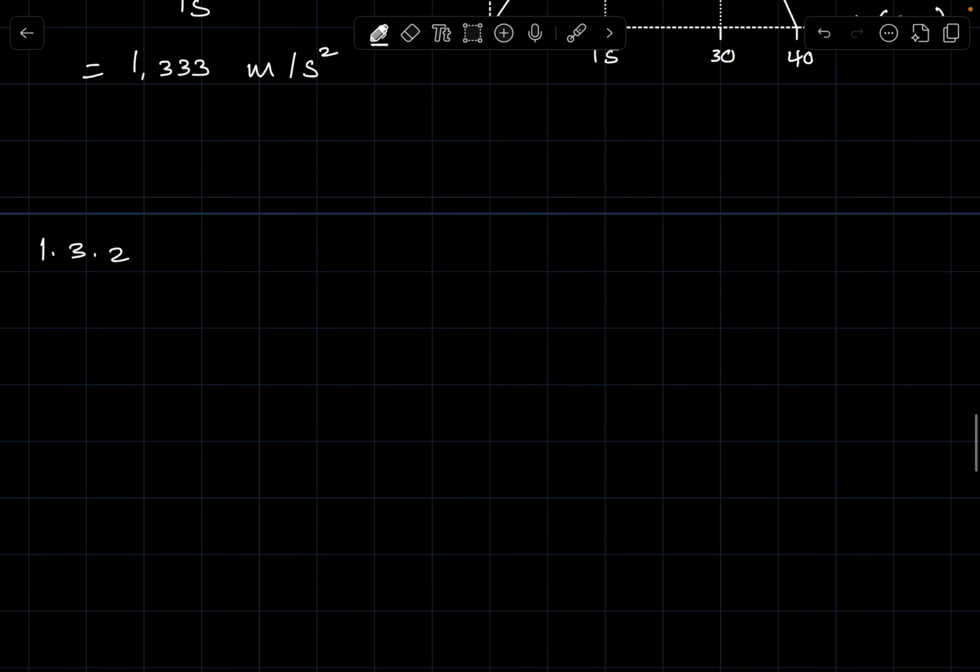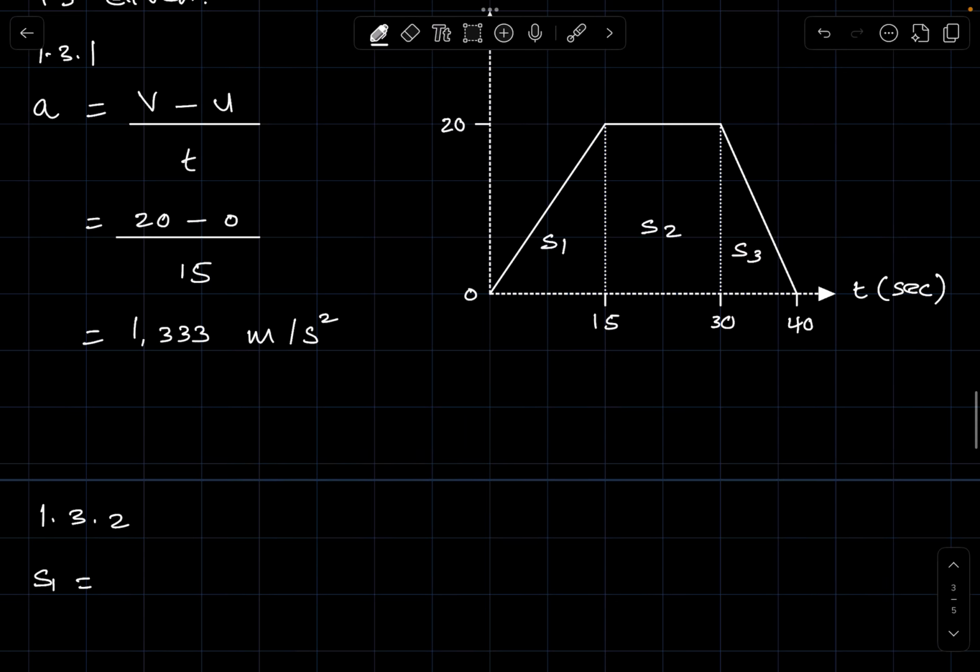So we are going to say S1 is equal to the average velocity in this straight line, because essentially we are considering two points, this point and that point. The average will be this velocity plus this velocity divided by 2.